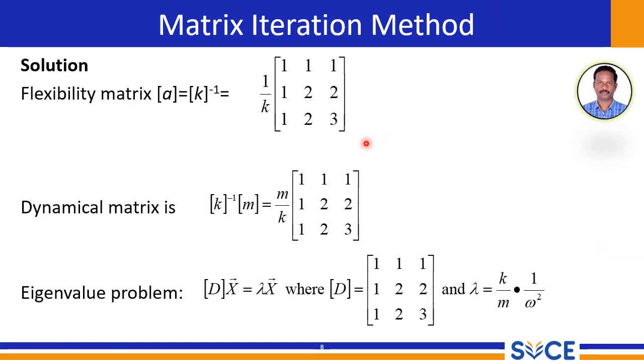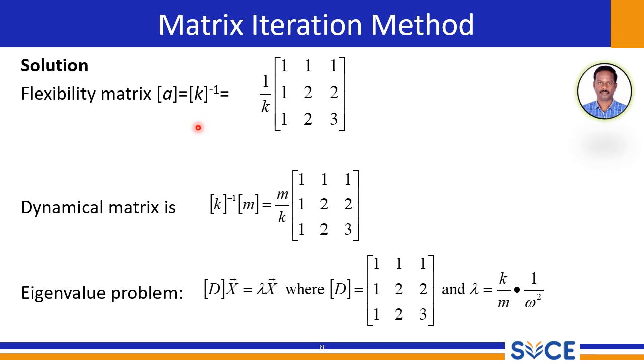Now that we have defined our 3-mass spring system, the next step in using the matrix iteration method is to formulate the system's properties in matrix form. Here, first we have the flexibility matrix A. This matrix essentially tells us how much each mass will displace when a unit force is applied to each of the masses.